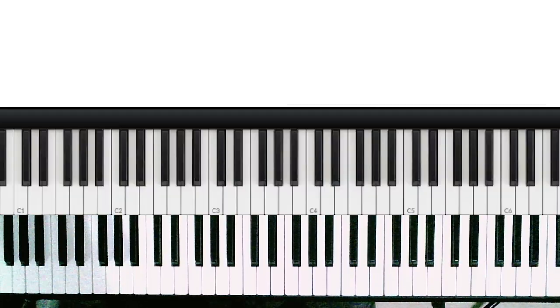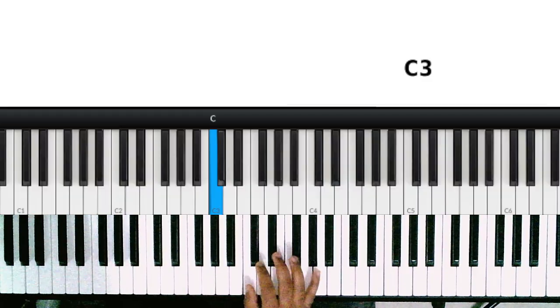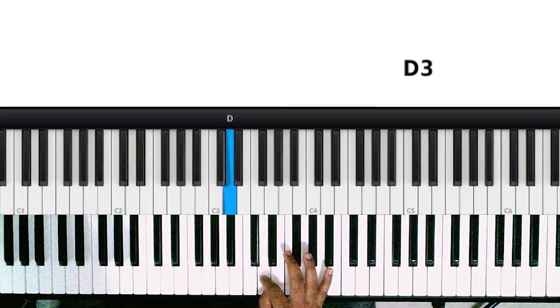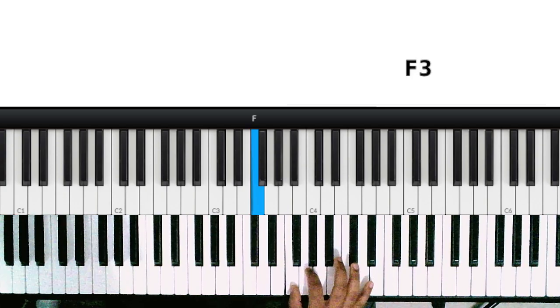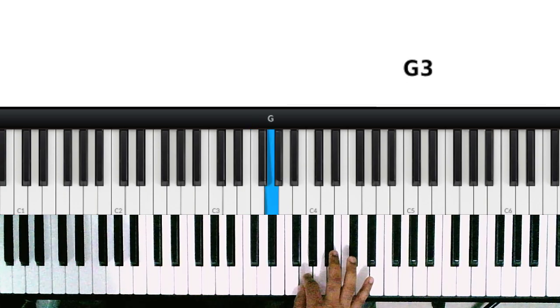Examples would be from C to D. That is a tone. From F to G. That is a tone.